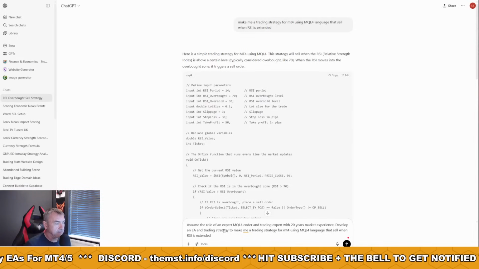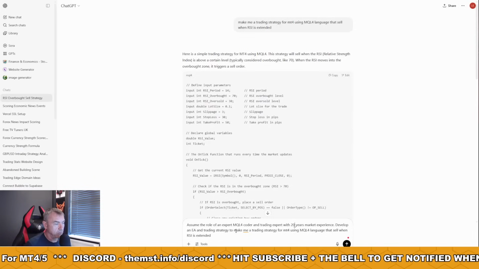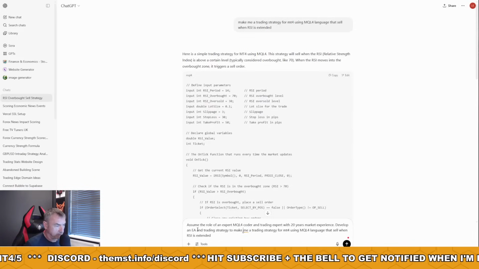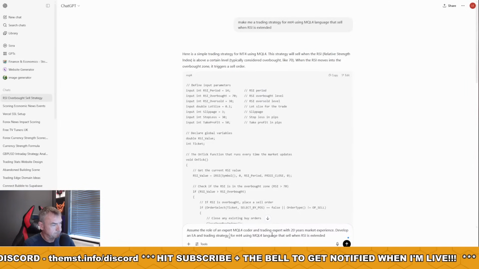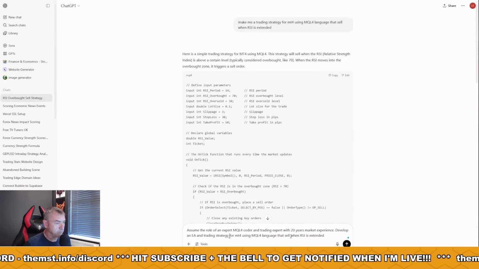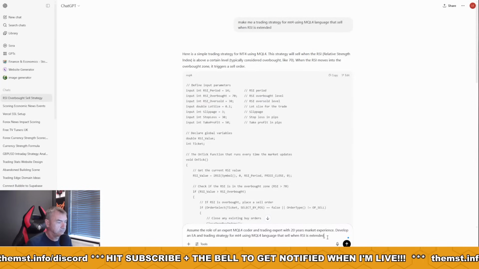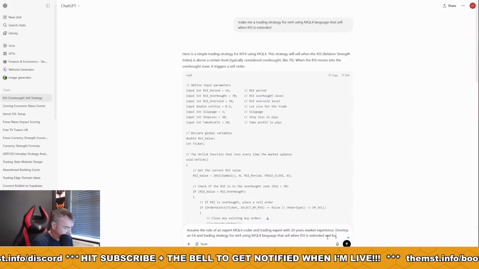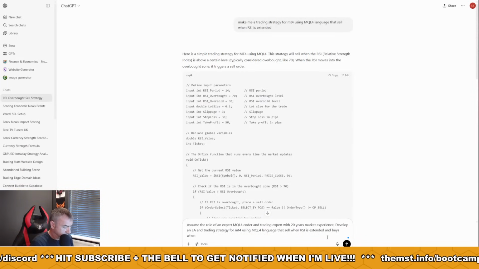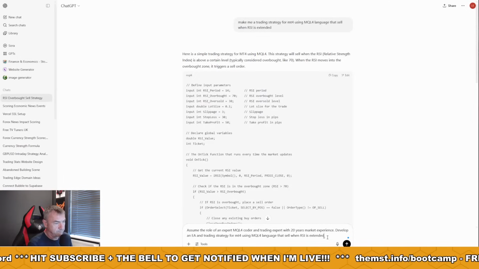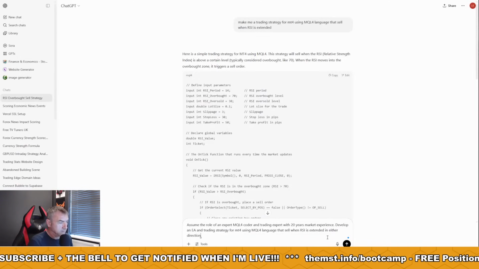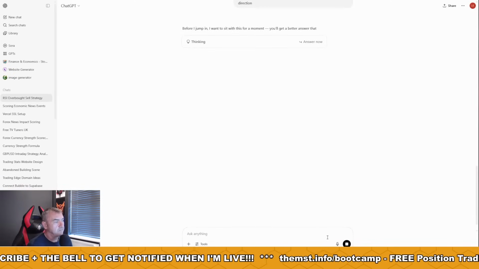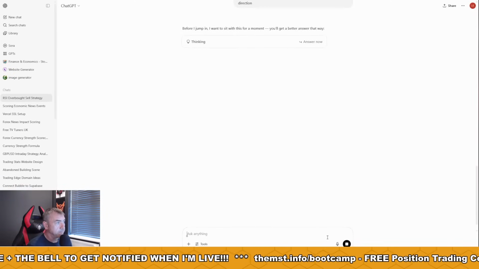Develop an EA and trading strategy for MT4 using MQL4 language that sells when RSI is extended and buys when... well, that'll do. In either direction. Let's just put that. Hopefully, this is probably going to prove me wrong now.